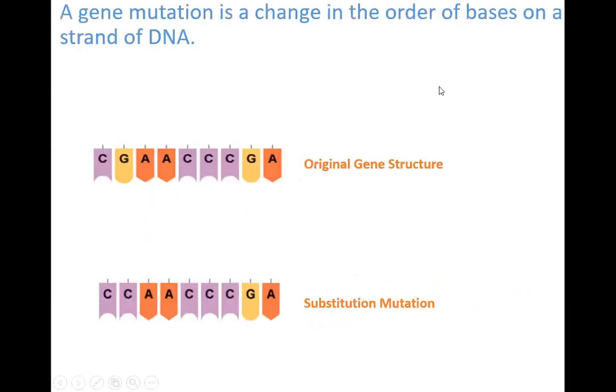Now, problems that occur. Mutations. There are different things that can cause mutations. A very common mutation is caused by ultraviolet radiation. You cause a substitution to go into the DNA.